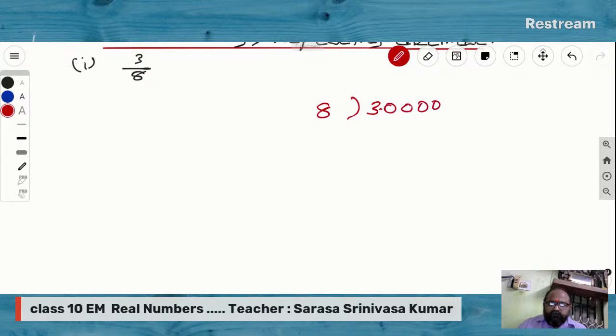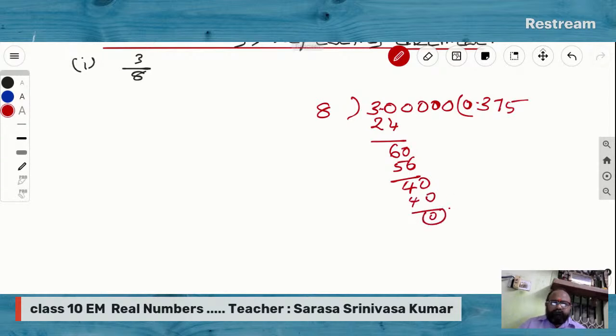Adding zeros like that, we can write 0.3, 24, 60, 7 56, 40, 5 40.